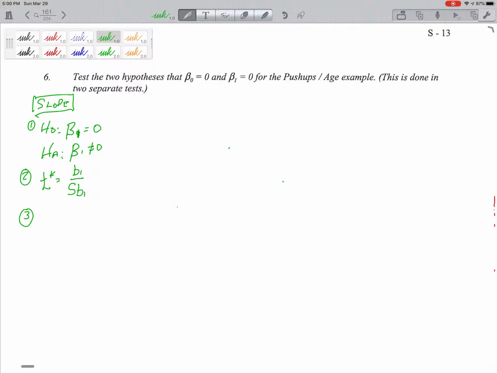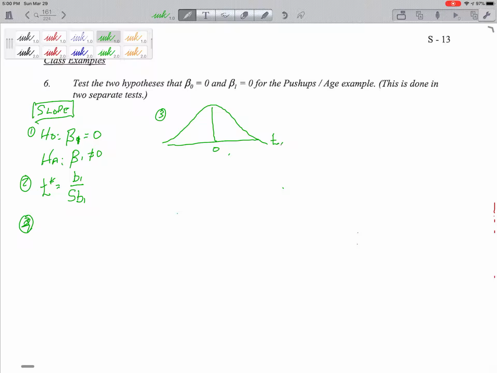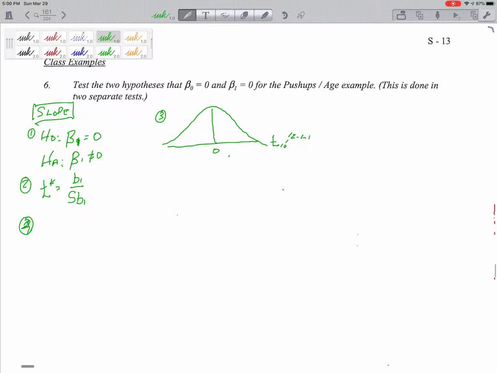Step number 3. Actually, I'll do step number 3 over here, just because of room here. This is our decision rule. So let's take a look at where our critical region is. So here's a T distribution. N in that case was equal to 12, so this is going to be 10. So that's 12 minus 1 minus 1: 1 for the x, 1 for the y. So 10 degrees of freedom.